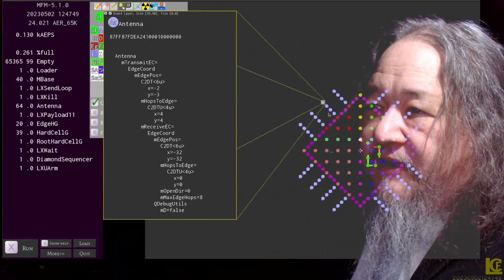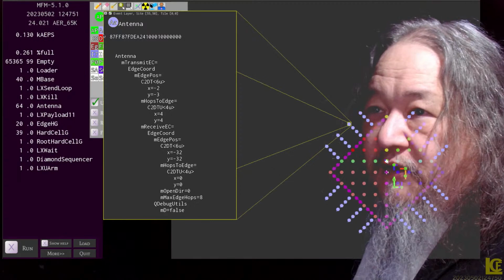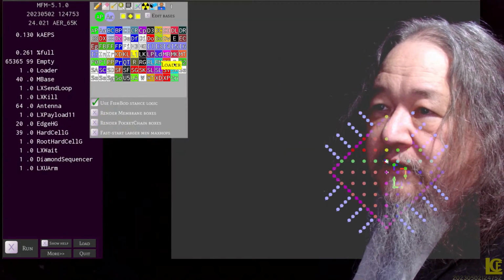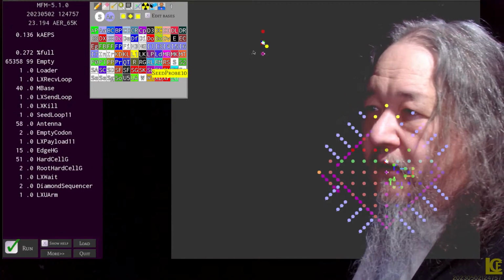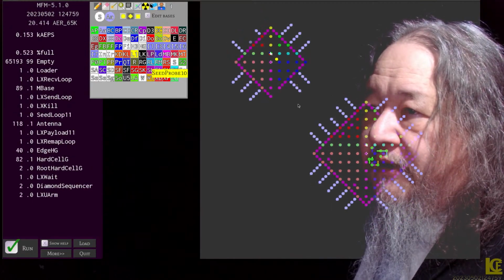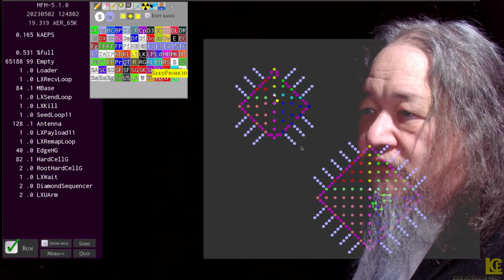They all have that. And if we stick in another, let's get another diamond going here. Okay. These things grow super fast.